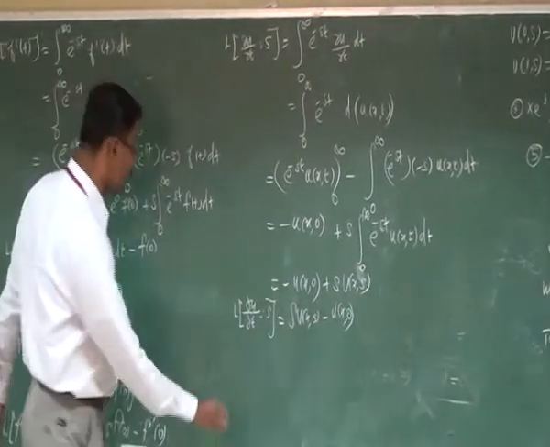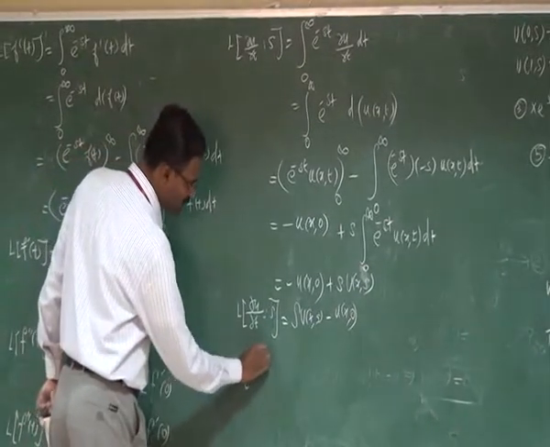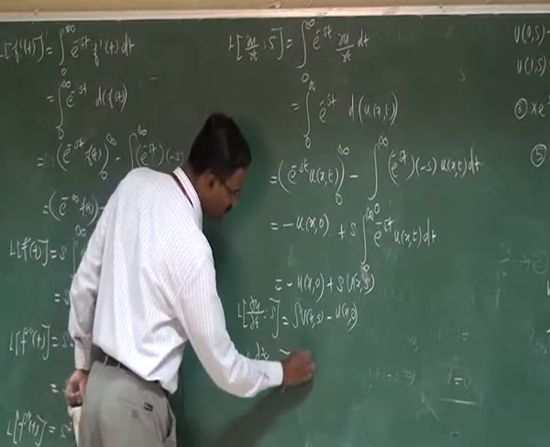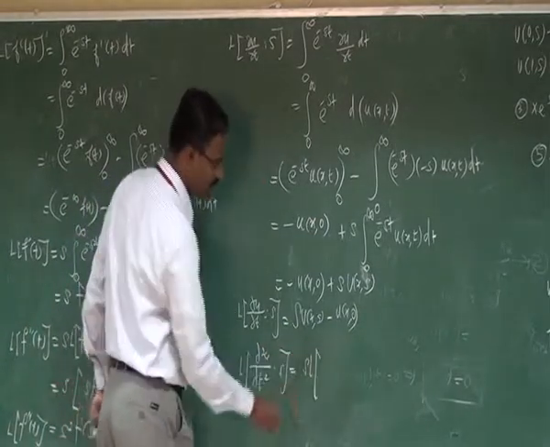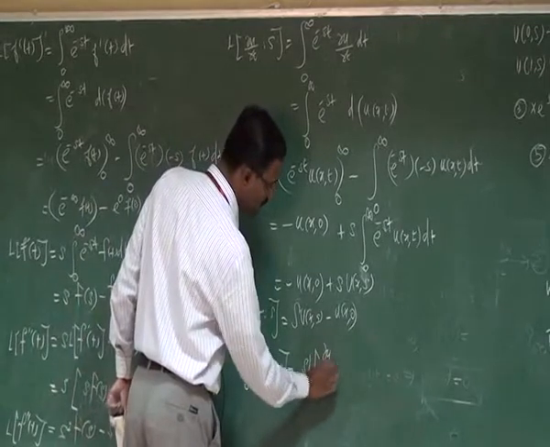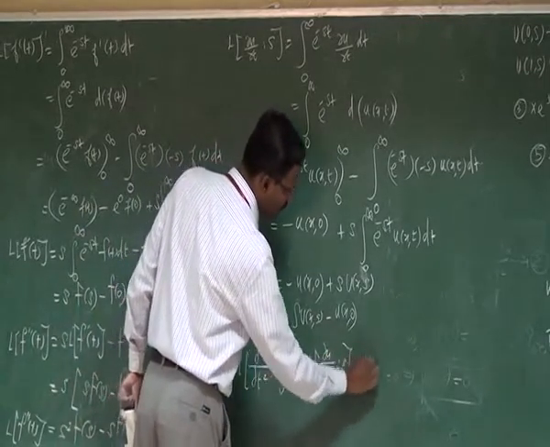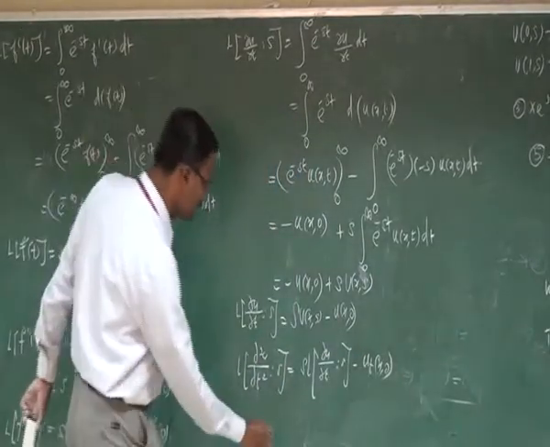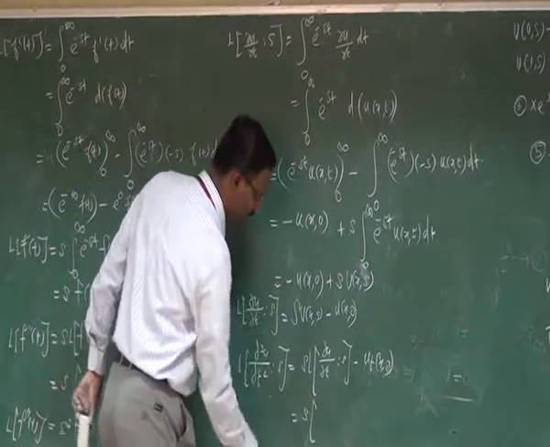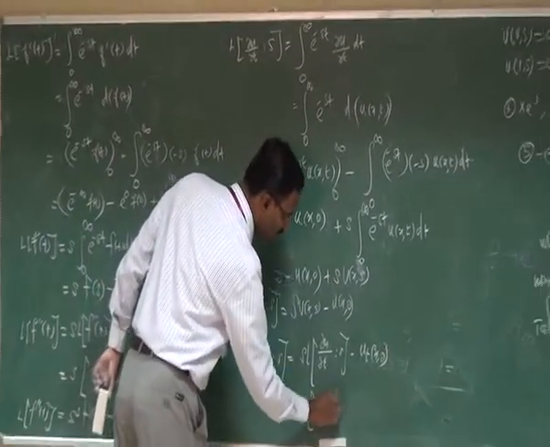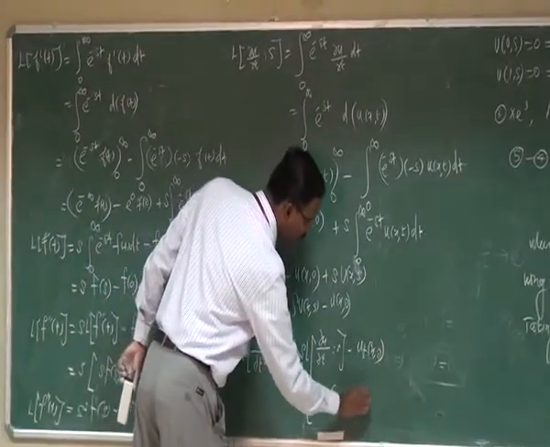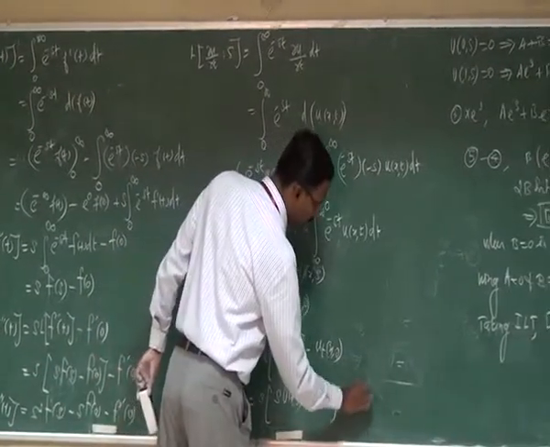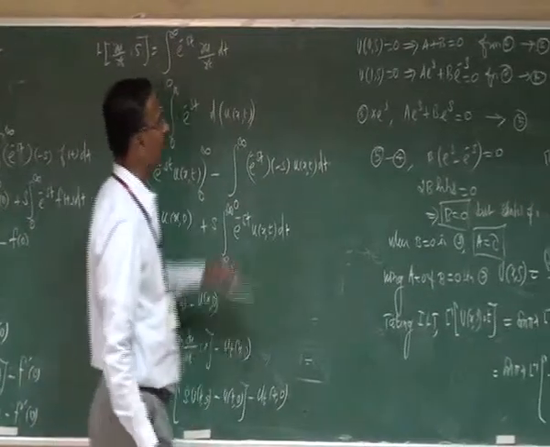In a similar way, the Laplace transform of dou square u by dou t square is equal to s into the Laplace transform of dou u by dou t minus u t of x comma 0. So it is equal to s into (s into U of x comma s minus u of x comma 0) minus u t of x comma 0.